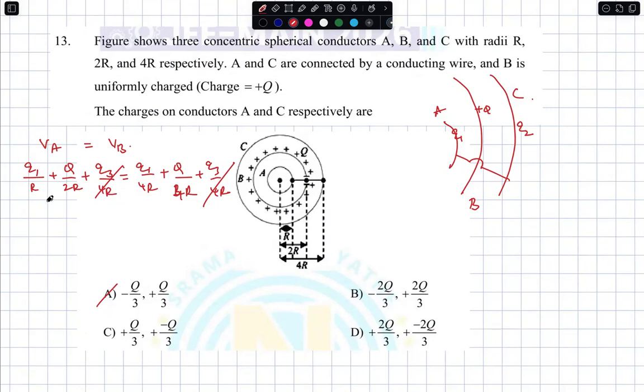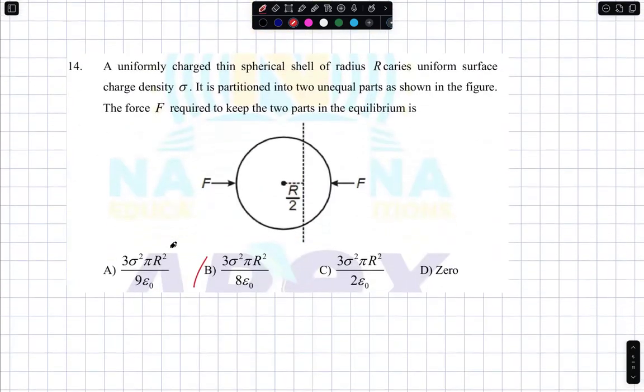Now the question is, 3Q1 by 4R is equal to minus Q by 4R. So Q1 is minus Q by 3, and Q3 should be plus Q by 3 because net charge must be 0. So A is the correct option.